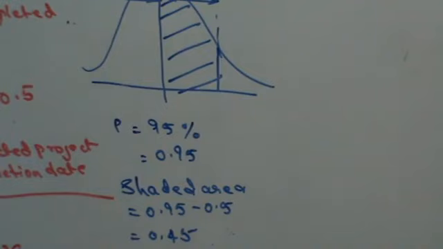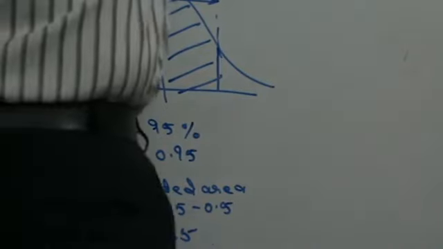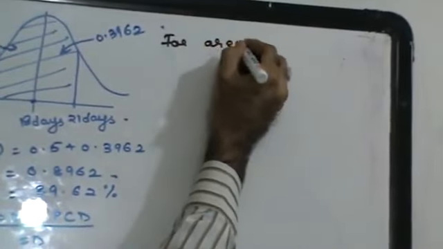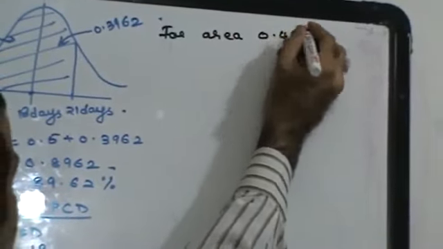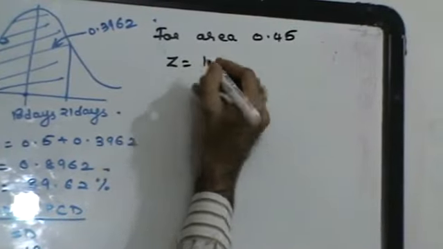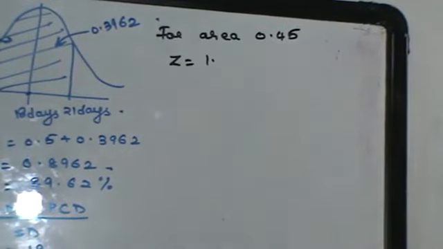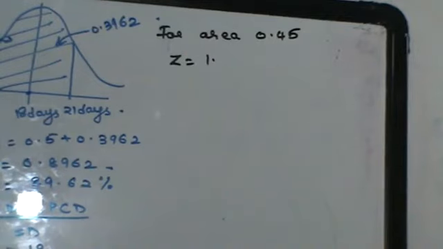Which is nothing but 1.65, right? For area 0.45, Z is 1 point, we just found out how much is it? The closest value is 0.4505, 1.65.